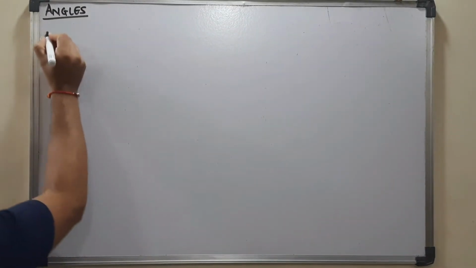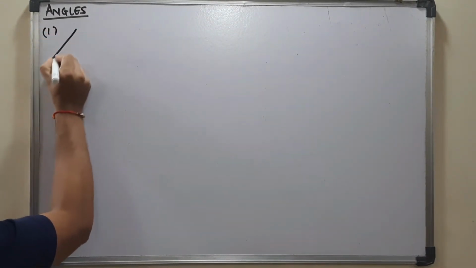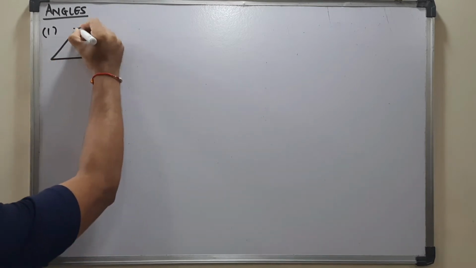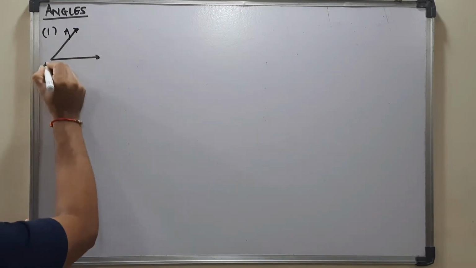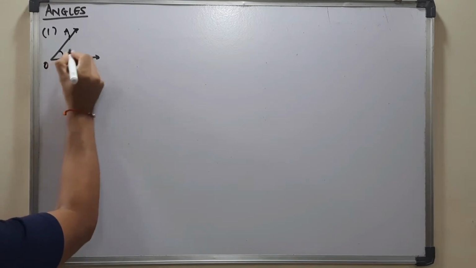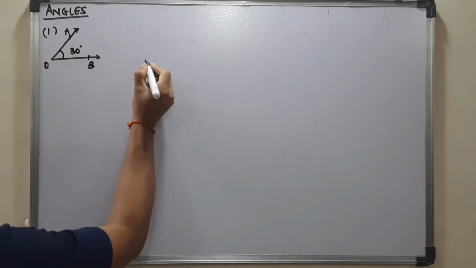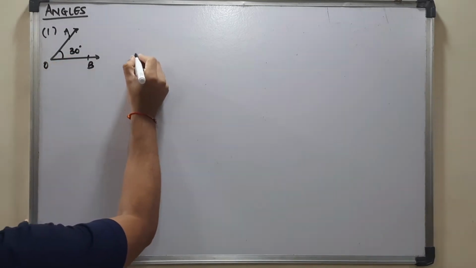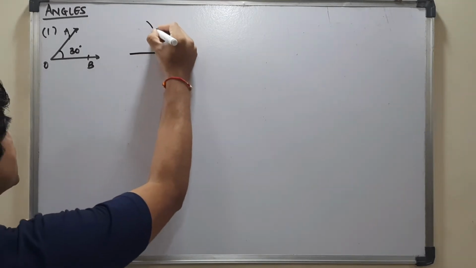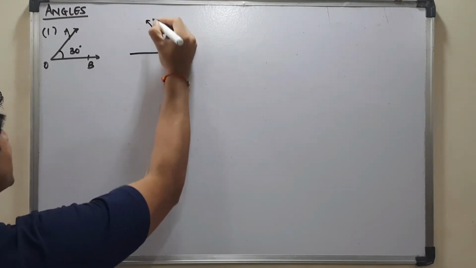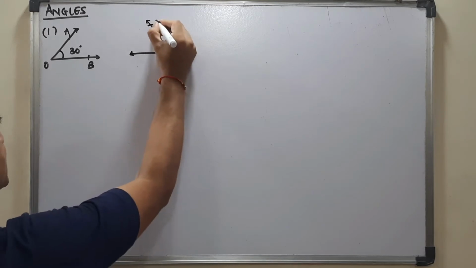Suppose I have one angle over here, named AOB, measuring 30 degrees. And one more angle over here, like this, named PQR.